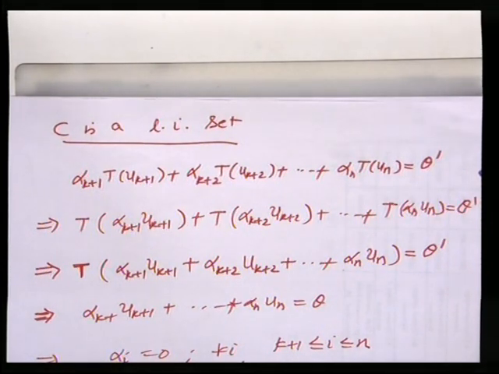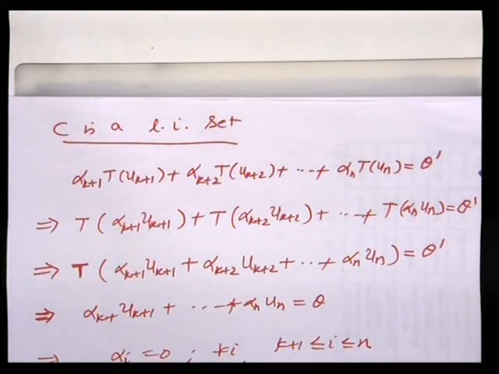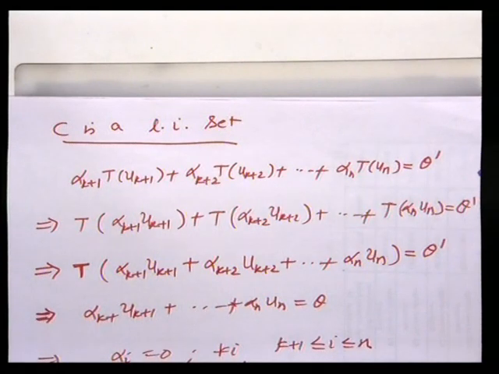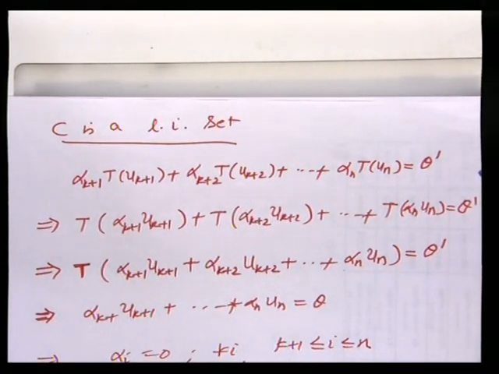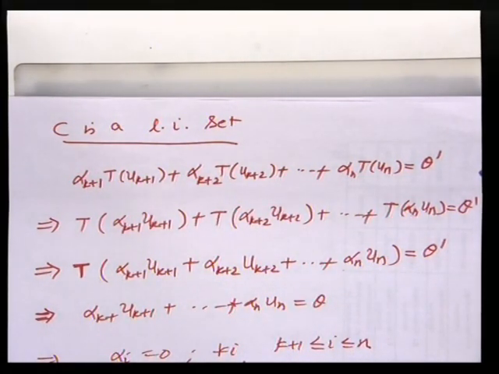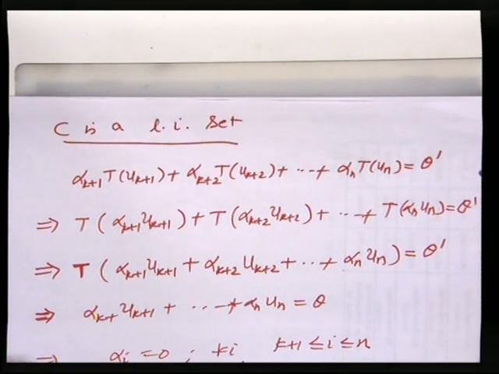So we have taken the linear combination of the vectors T of uk plus 1, T of uk plus 2, up to T of un, for which we obtain that all the scalars equating the combination to theta dash are all 0. This way the set C is a linearly independent set.